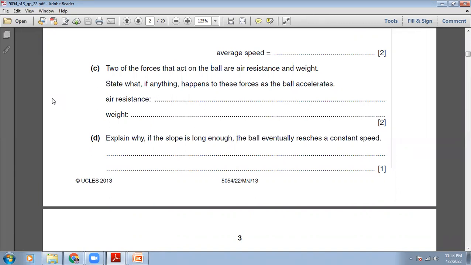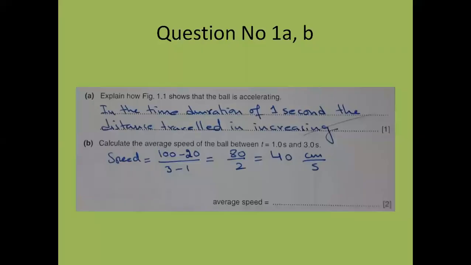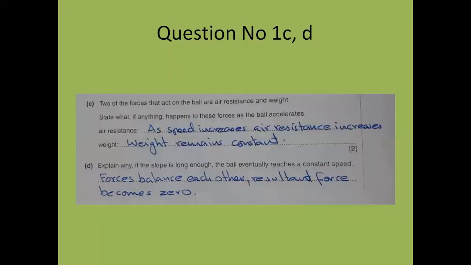Because the body is accelerating, the speed is increasing, which means the air resistance is gradually increasing. Now, the weight during this roll down is not changing. So let me show you my answer. As the speed increases, the air resistance increases and the weight remains constant.